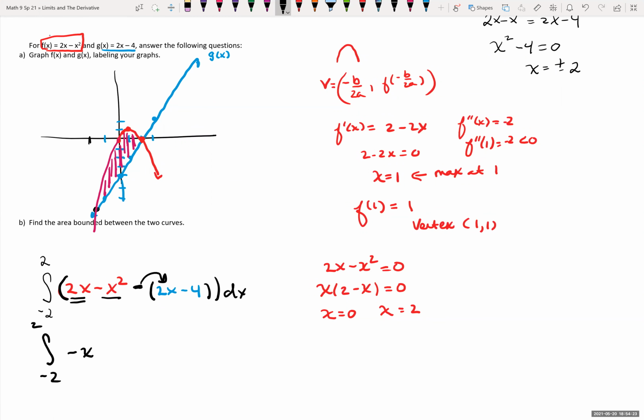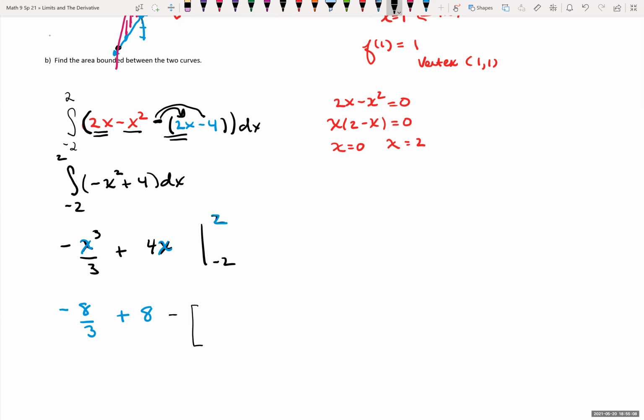So all we have to do now is take the antiderivative of that integrand. So antiderivative of negative x squared is negative x cubed over 3, plus the antiderivative of 4 is 4x, and we're evaluating this from -2 to 2. So plug in our upper bound first, wherever we see an x. So we have 2 cubed is 8. So this is -8 over 3, plus 4 times 2, which is 8.